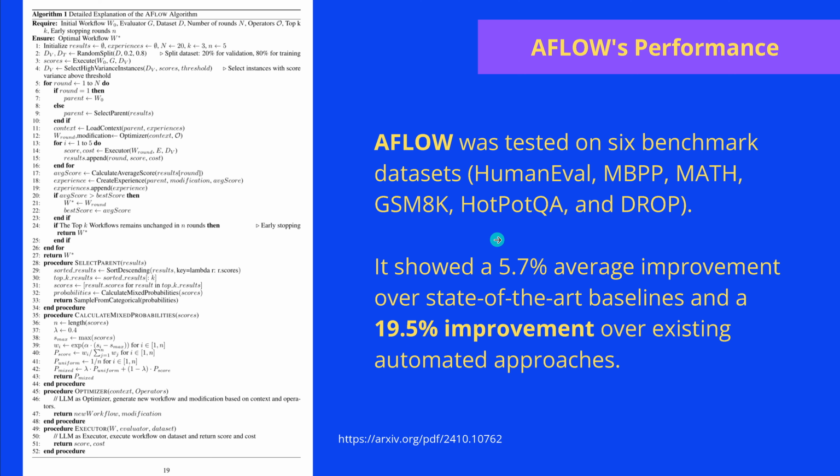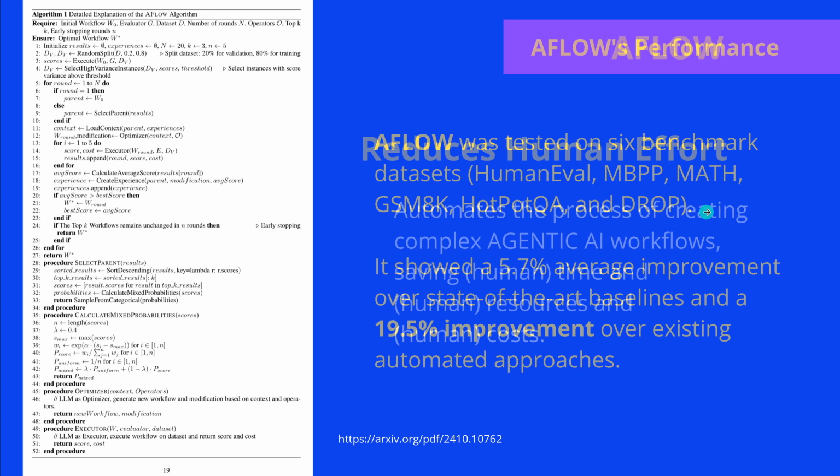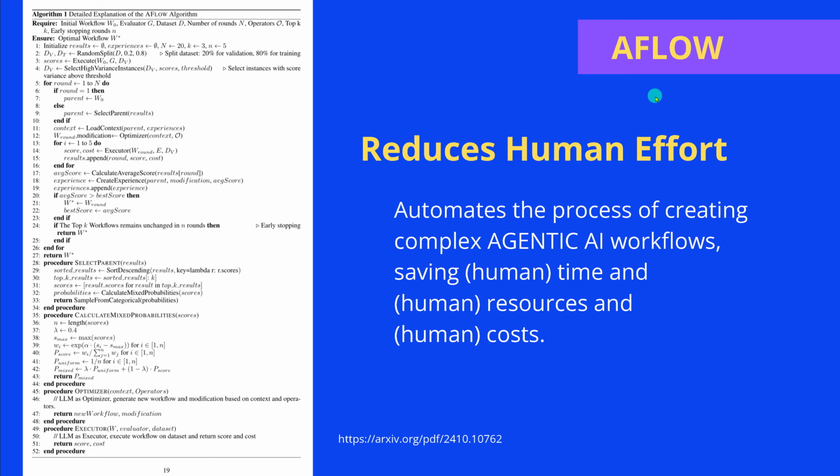But they also tell us that over state-of-the-art baselines that include human-crafted workflows, it showed, only on these 6 benchmark tests, a 5.7% average improvement over state-of-the-art baselines. Interesting, no?